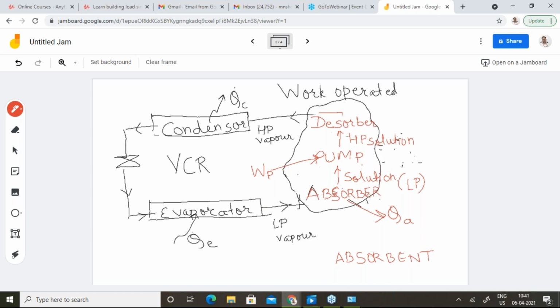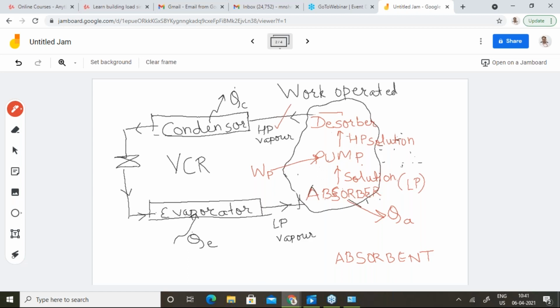That is, it would release the refrigerant vapor. The absorber absorbs the low pressure refrigerant vapor, and the desorber would release the high pressure vapor. So now you are getting the high pressure vapor released by the desorber.